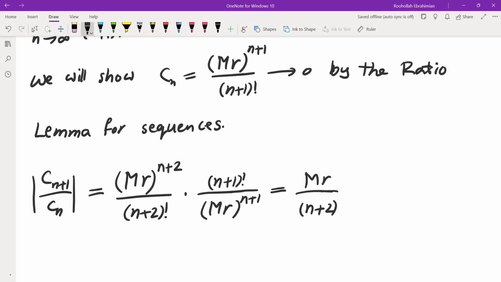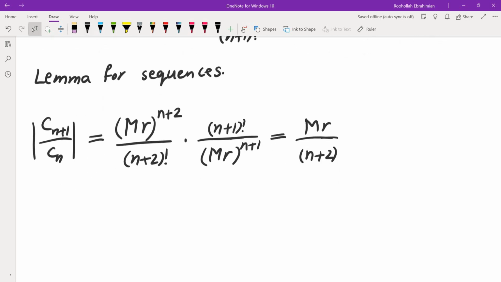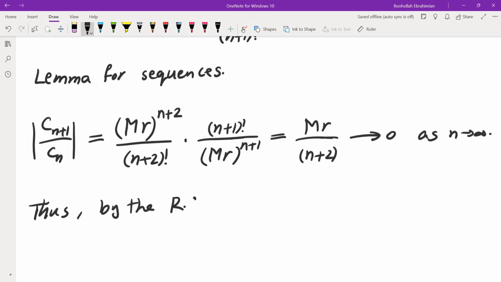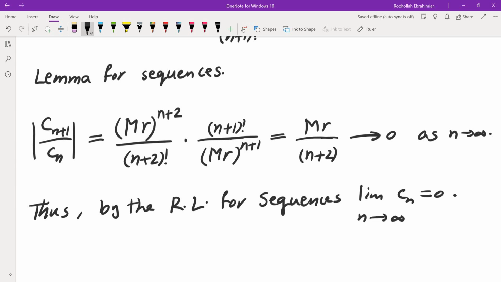Mr is a constant, and 1 over n plus 2 approaches 0 because 1 over n approaches 0. So thus, by the ratio lemma for sequences, limit of Cn is in fact 0 as n approaches infinity.